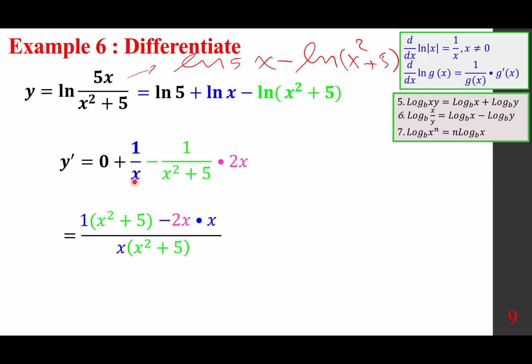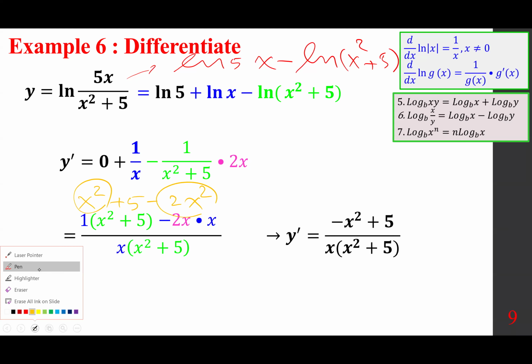And we get x squared plus 5 minus 2x squared, where we can combine these two, and the final answer becomes y prime is negative x squared plus 5 over x times x squared plus 5. So again, pretty straightforward, everybody.